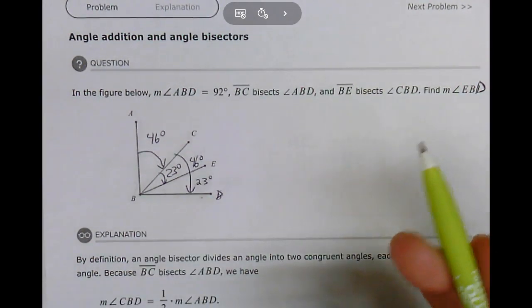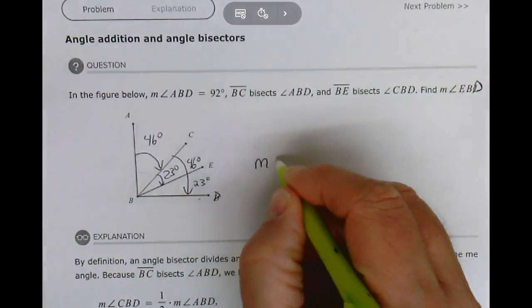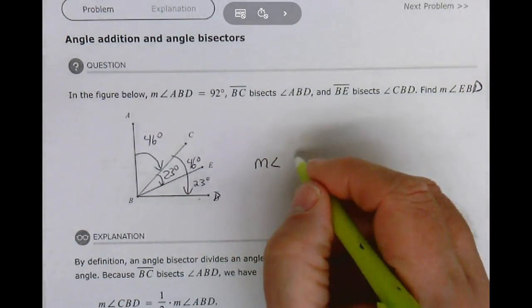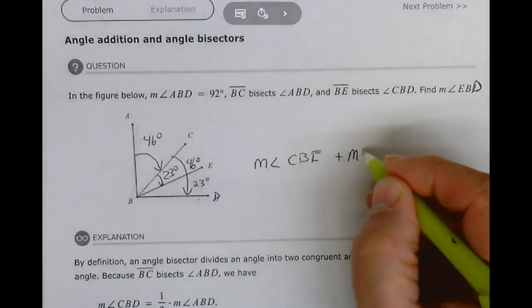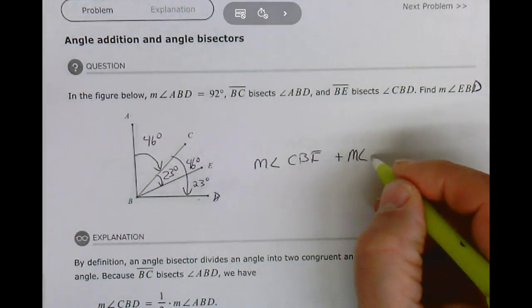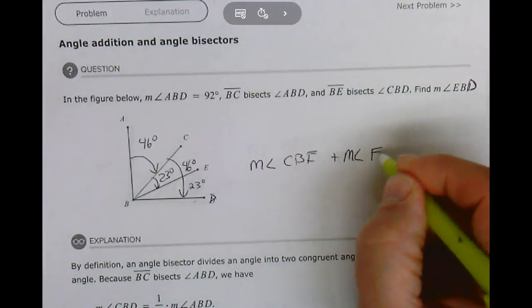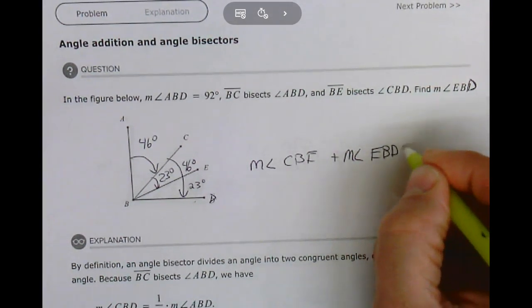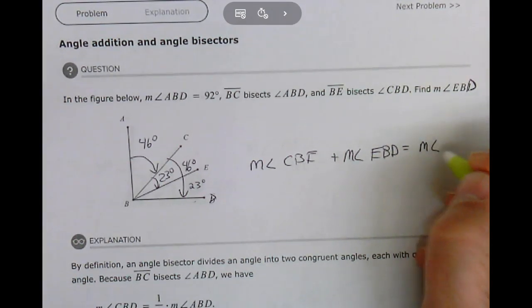And we could write this out, right? So if we want to find out what EBD is, we could say the measure of angle CBE plus the measure of angle EBD equals the measure of angle CBD.